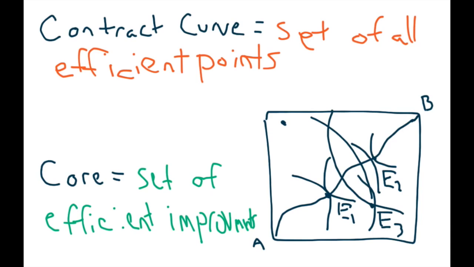So if we started at E3, we can see there are sets of improvements, it's all this space, but the core is only the ones that are Pareto efficient, so they'll just be the ones that I'll highlight in red here. Just these points. Whereas all of these highlighted points are all on the contract curve, but only the red ones here are part of the core. So contract curve: efficient in general, any efficient point. Core: efficient, and an improvement on the initial point.